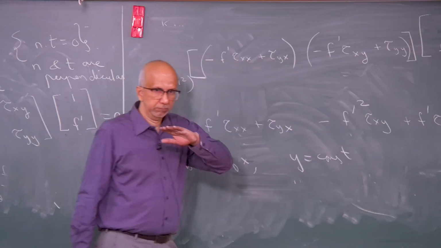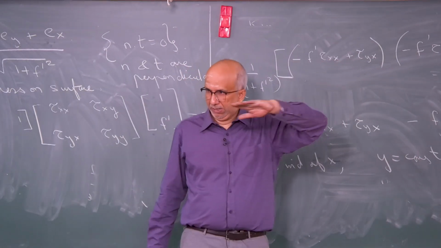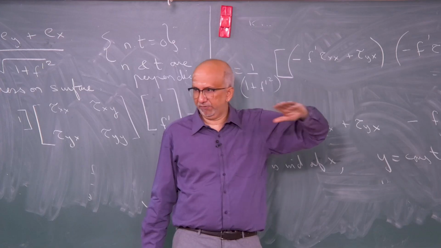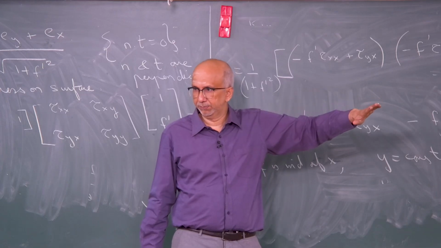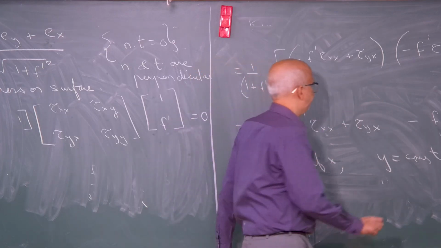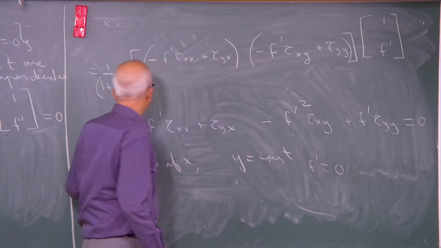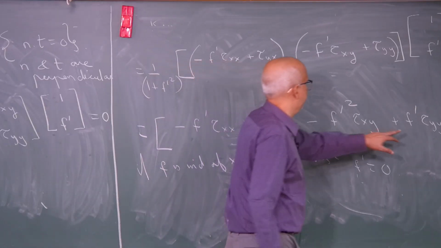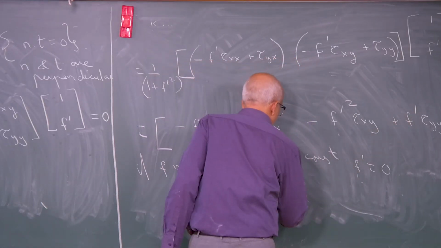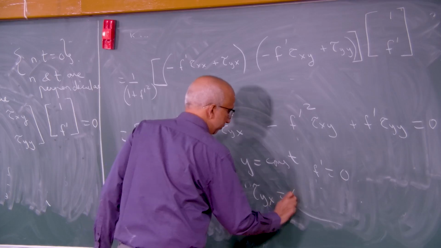F of x means it is changing with x; it does not change with x, that means y is constant. Then what happens? F dash is 0. If f dash is 0, those terms go to 0, 0, 0, and we have tau yx equals 0.